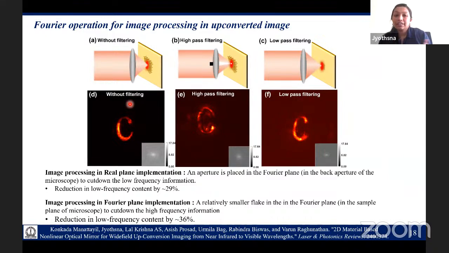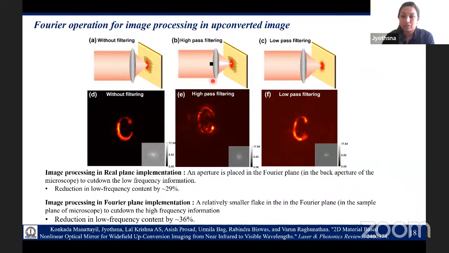How we did that: in case of high pass filtering, we cut down the low frequency component, and this was done by using an aperture in the path, which cut down the low frequency component.